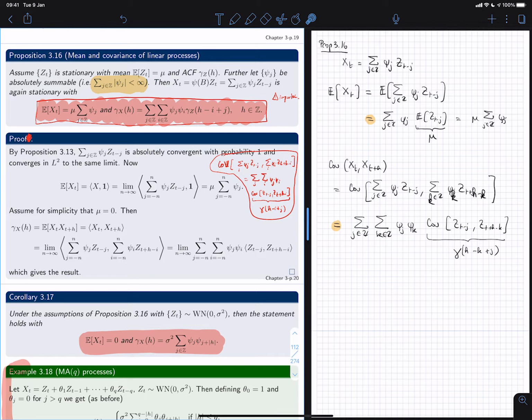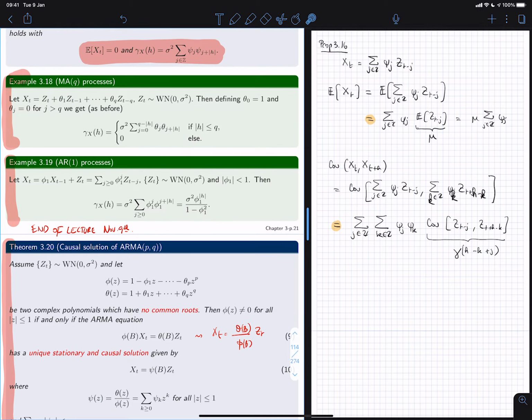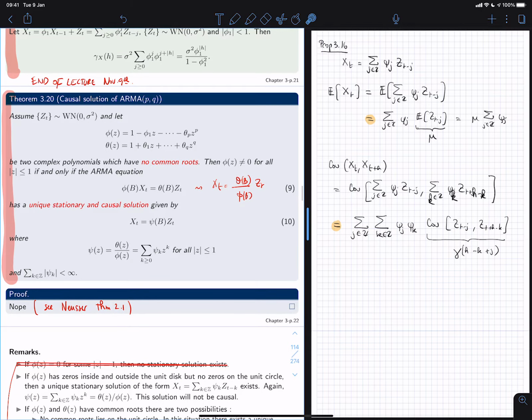So we're actually very happy because with this we recover results that we already had, but with different arguments. So we recovered the covariance of a moving average, and we recovered the covariance structure of an autoregressive of order 1.